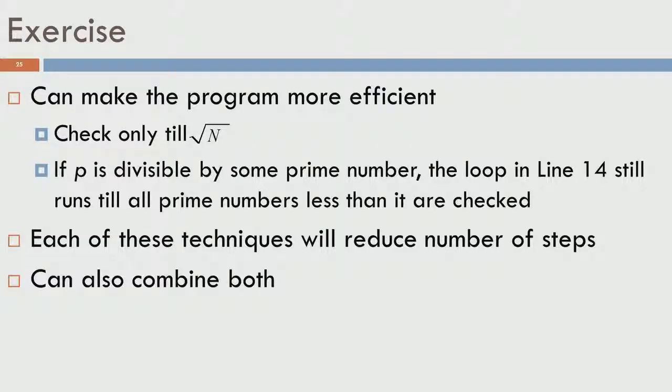The other thing is, if p is divisible by some prime number, the loop will still check and keep running. So for example, if you have 9, you would have checked it against 2. When you check against 3, you already know that 9 is not prime. You still go ahead and check it with 5 and 7. What is the point? We already know that with 3, 9 is not a prime anymore because 3 is a factor of 9.